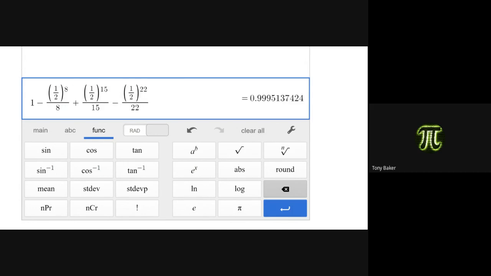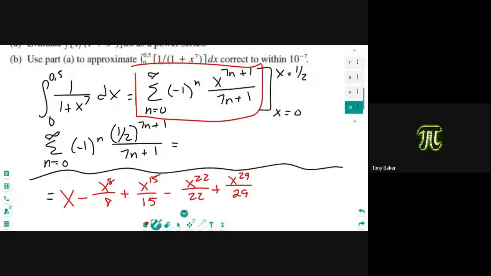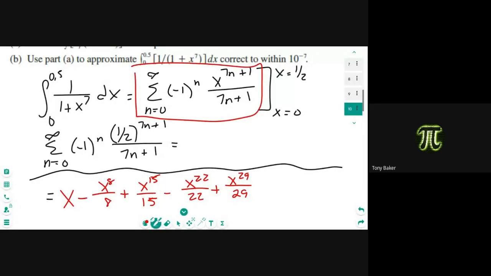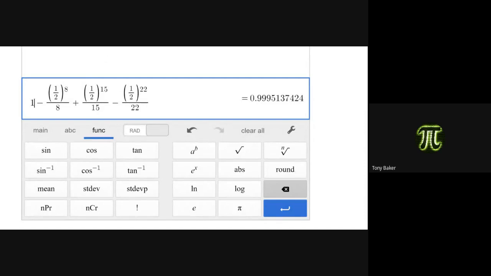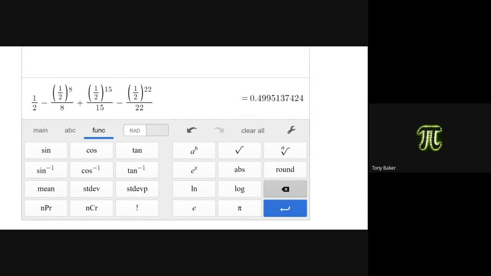Shouldn't the first term be 1/2? Hold on. Oh, you're right, because it was just x. So there is the answer to 7 places.